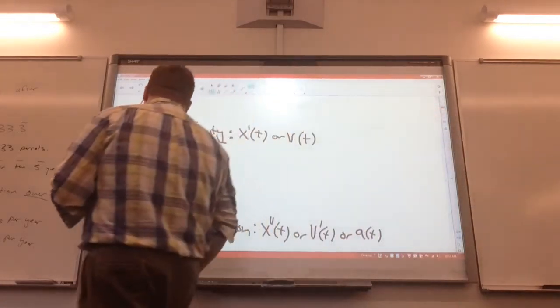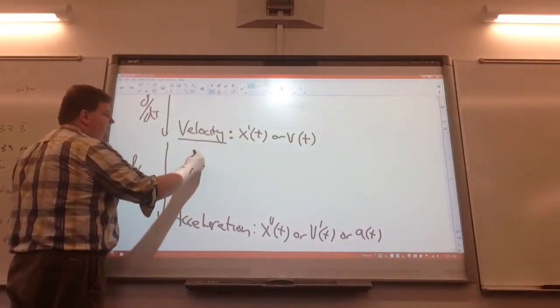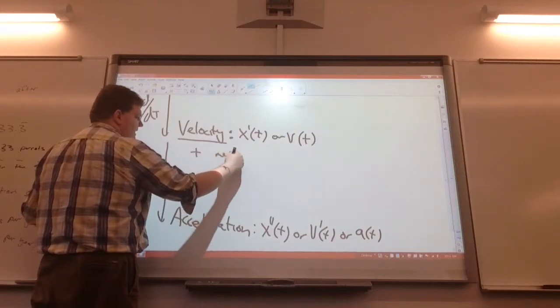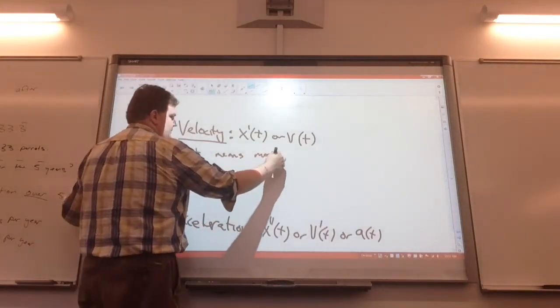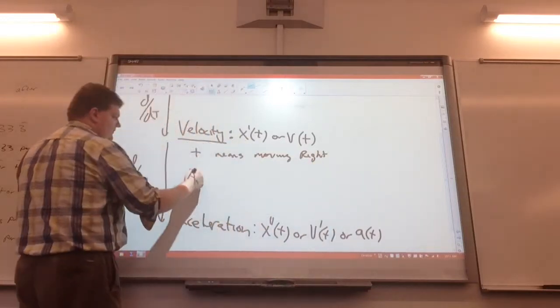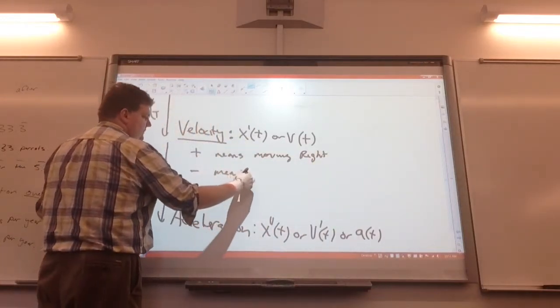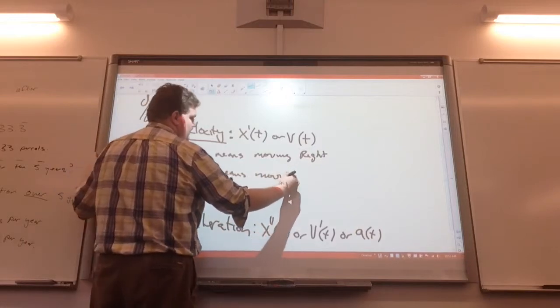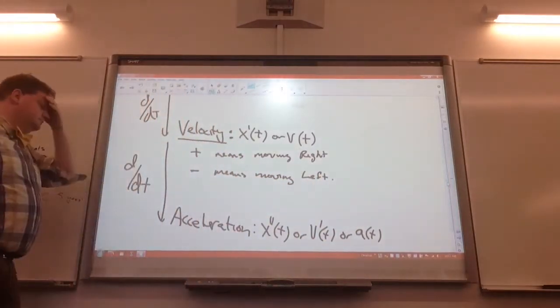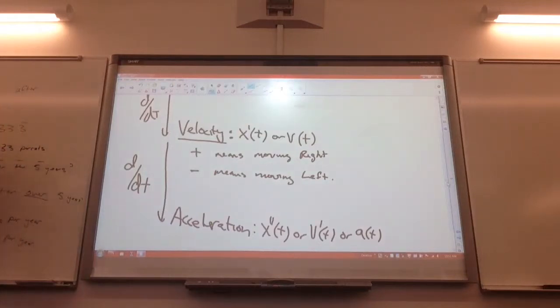So, if velocity is positive, that means moving right. Negative means moving left. Okay? So if I have positive velocity, I'm moving more towards the right. If I have negative velocity, I'm moving more towards the left.